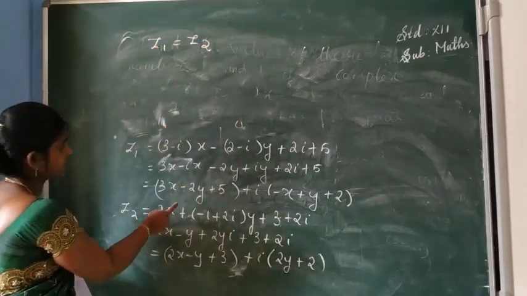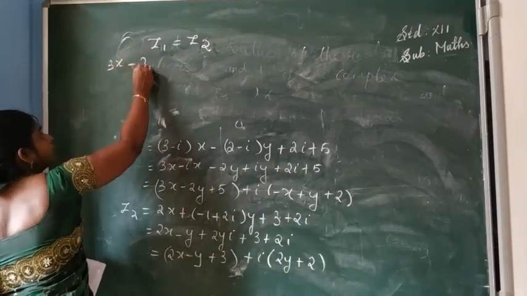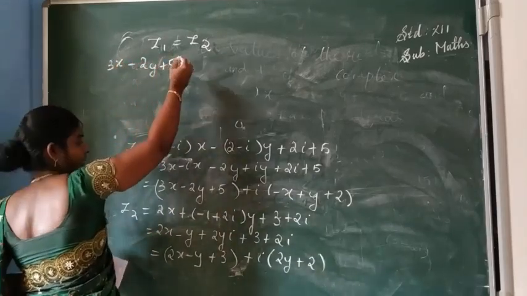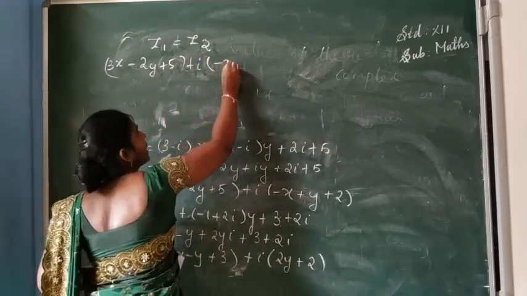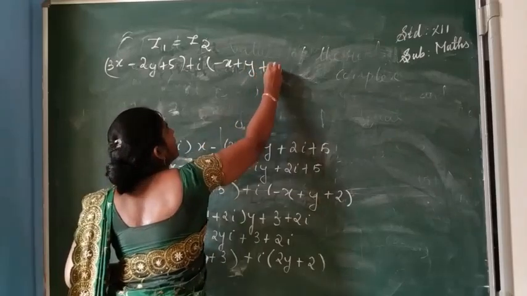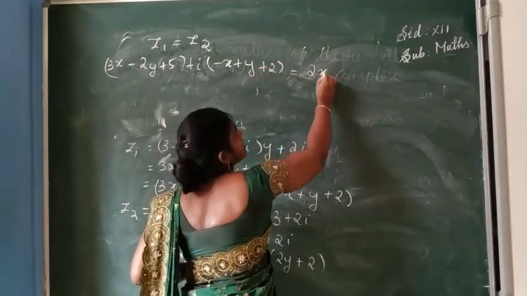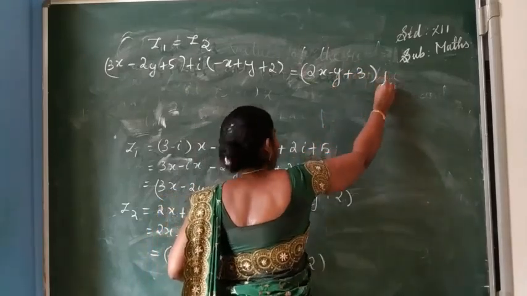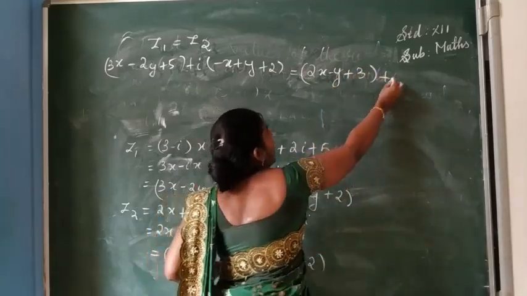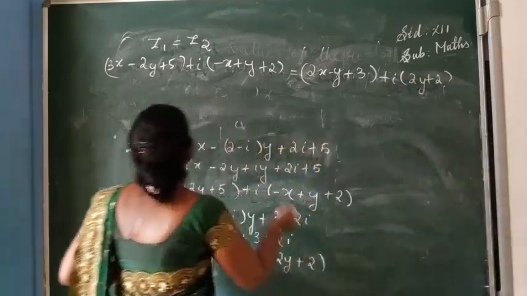So I have to equate z1 and z2. So 3x minus 2y plus 5 plus i into minus x plus y plus 2 is equal to 2x minus y plus 3 plus i into 2y plus 2.